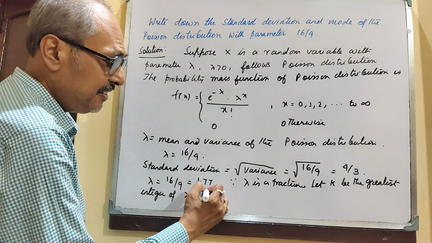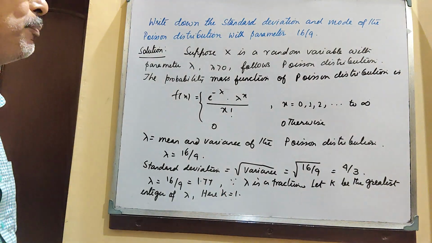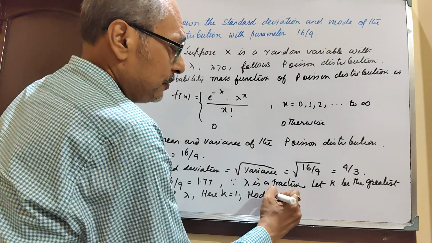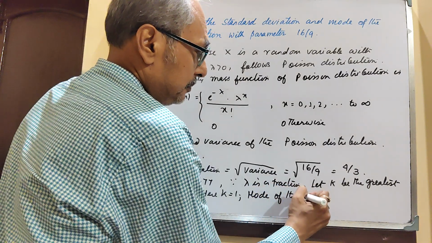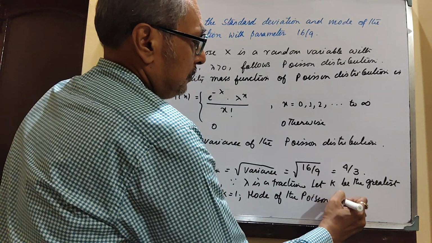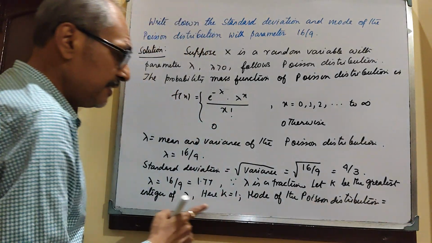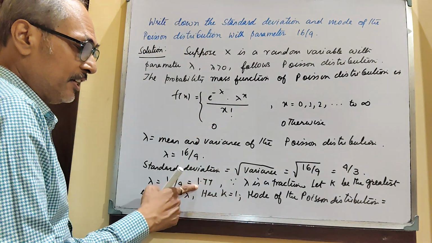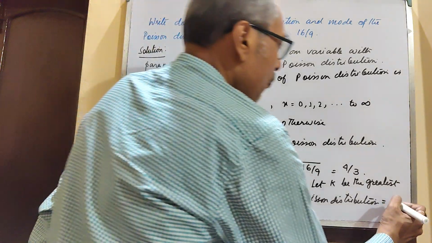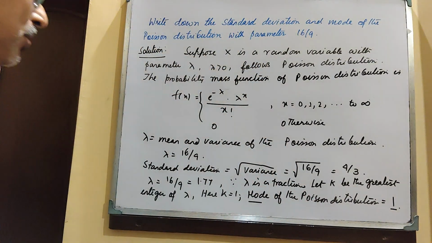Here k equals 1. The mode of the Poisson distribution is k, the greatest integer containing lambda. The greatest integer containing lambda is 1. Therefore the mode of the Poisson distribution is 1.